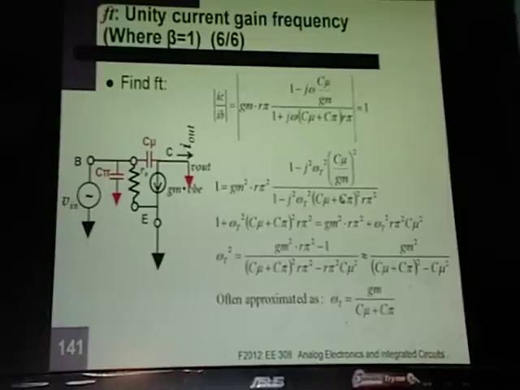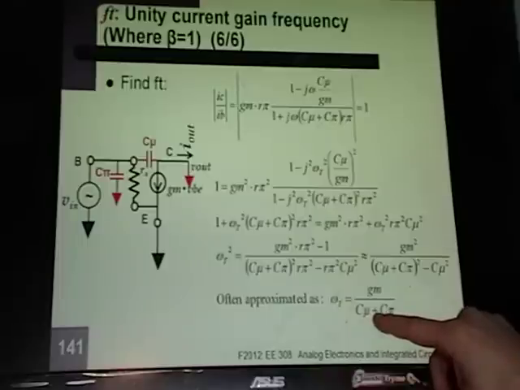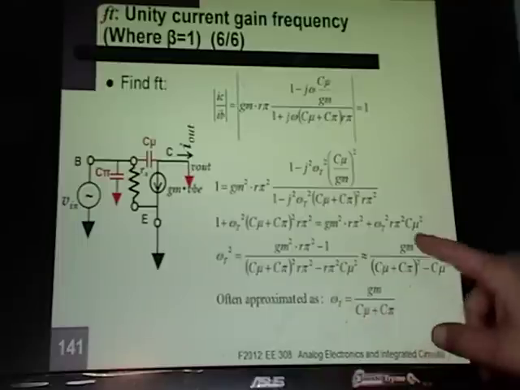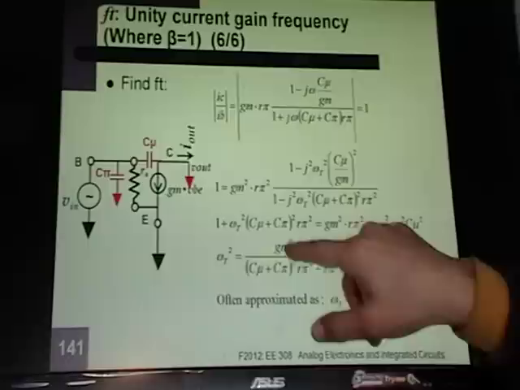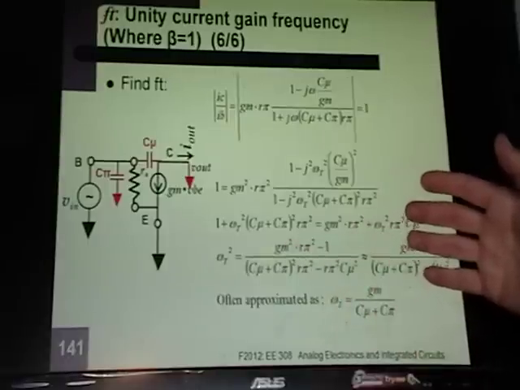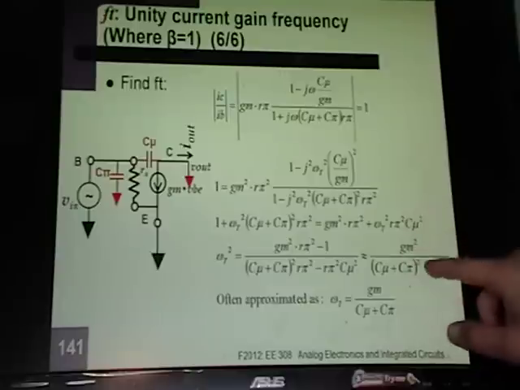FT, which is what we originally set out to find, when beta equals 1. Going through the math, I looked at a few textbooks actually at school yesterday, and all of them had this value for this frequency. But what's interesting is that my math doesn't come out to that. So there's probably some algebra I haven't been able to find, something that I'm missing right here.